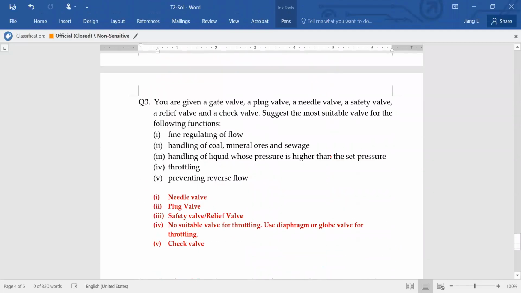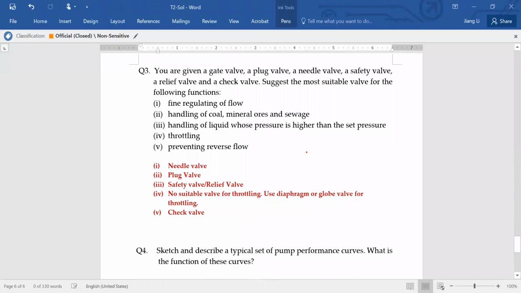So this is for question 2. Question 3, you are given different types of valves: a gate valve, plug valve, needle valve, safety valve, relief valve, and check valve. You need to choose a suitable one for the following function. So for this part, I hope you have already studied the slides and videos. From there, you should understand how each type of valve works and the structure of the valve.